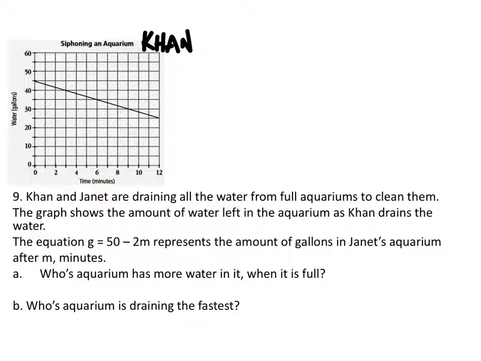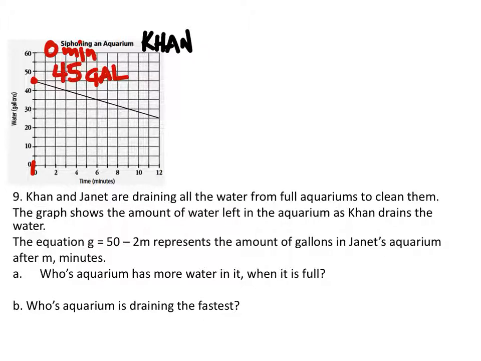Alright, well, we need to figure out how much Con is starting with, which would tell us this point. So at 0 minutes, it looks like he has 45 gallons in his aquarium. Again, that's for 0 minutes. And we should notice that that is the y-intercept, or the starting value.